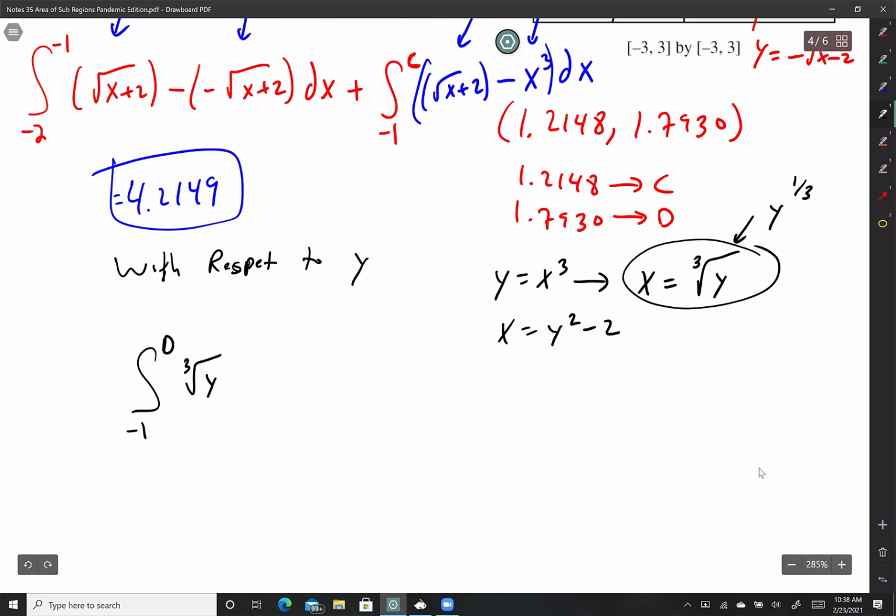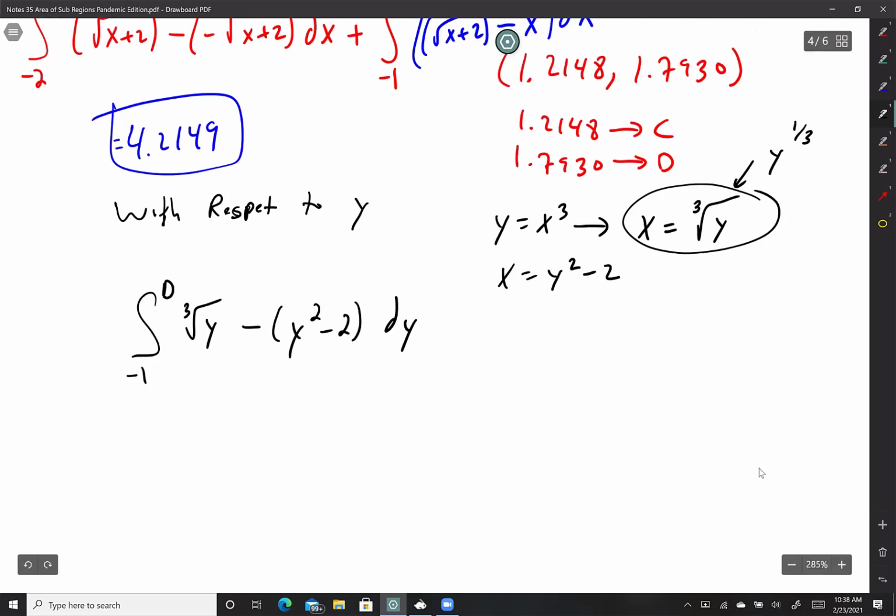The cube root of y minus, parenthesis, y squared minus 2 dy. I'm just going to type it out, guys. So here we go. Let me rewrite it. I'm going to distribute this negative here. Integral from -1 to d. I'm going to write it as y to the 1/3 minus y squared plus 2 dy.